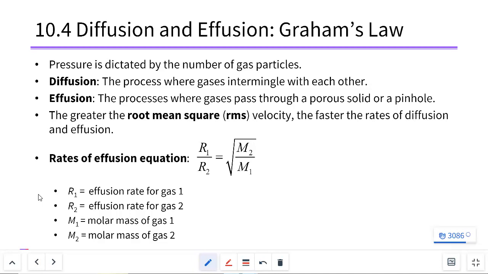So if I double the molecular weight, it isn't going to cause the gas to move half as quickly. It's going to be the square root of 1/2. That's where that square root is going to come.